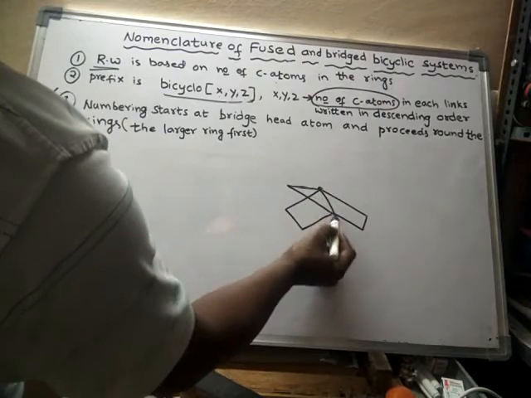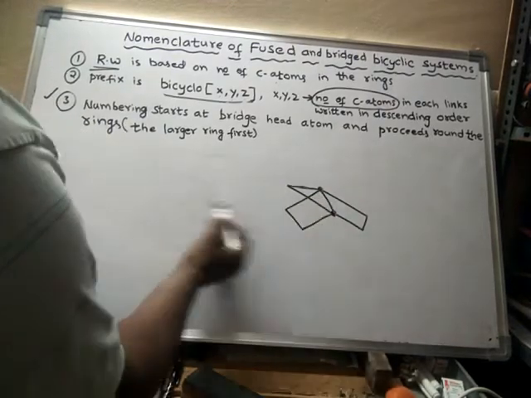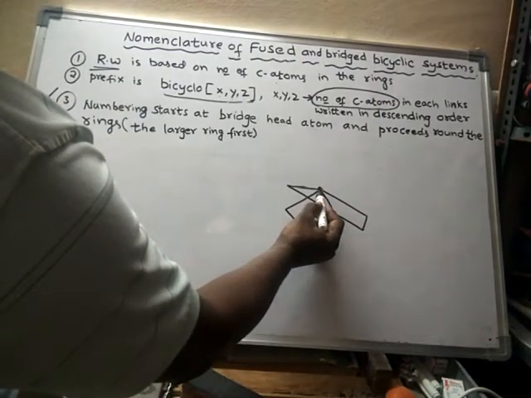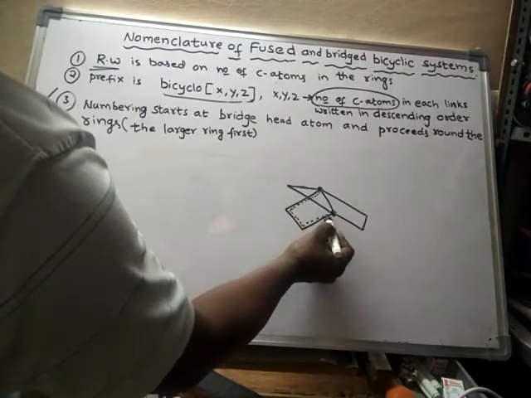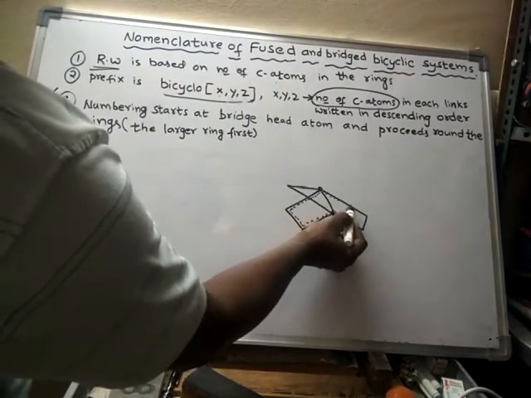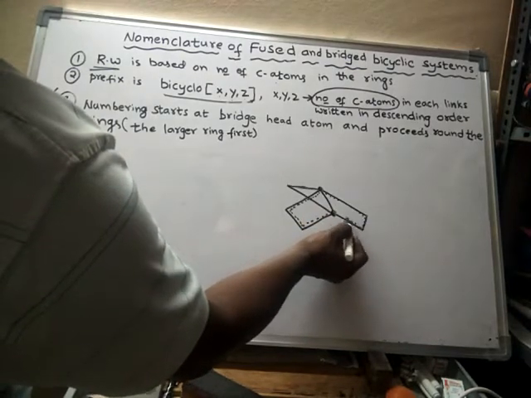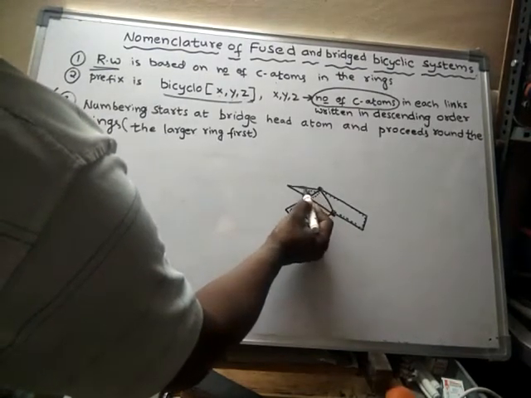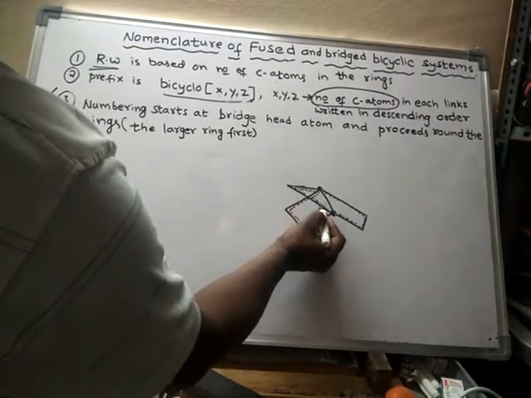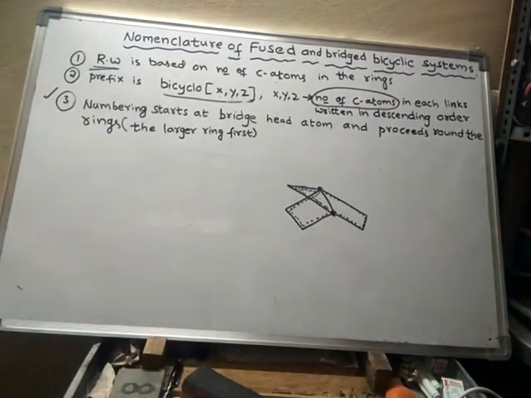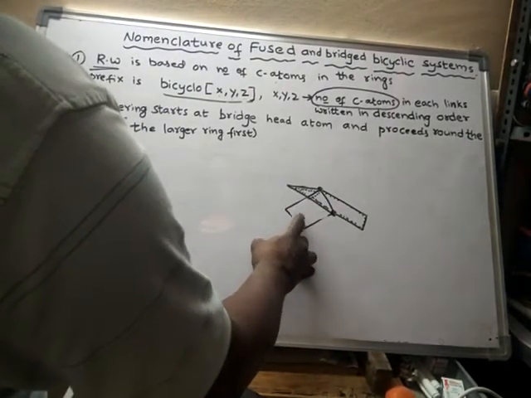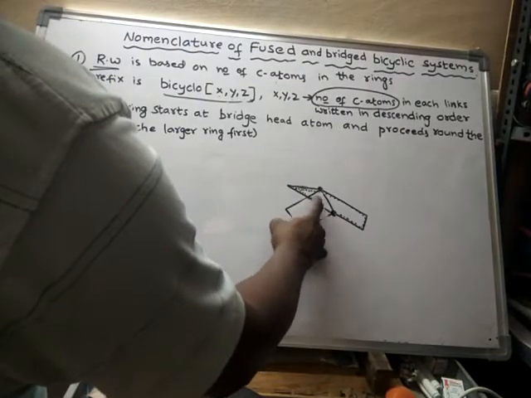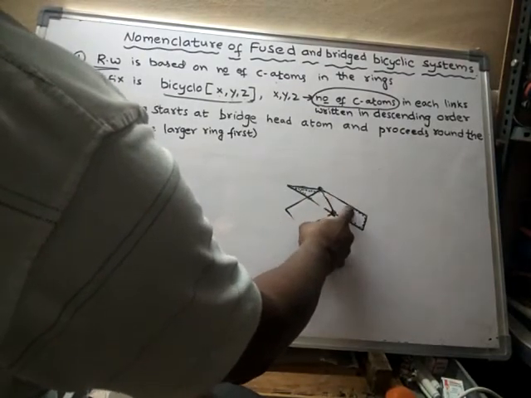These two are bridgehead carbons. This is one link, this is another link, and this is the other link. How many links are there altogether? There are 3 links. I am removing these dotted lines to avoid confusion.